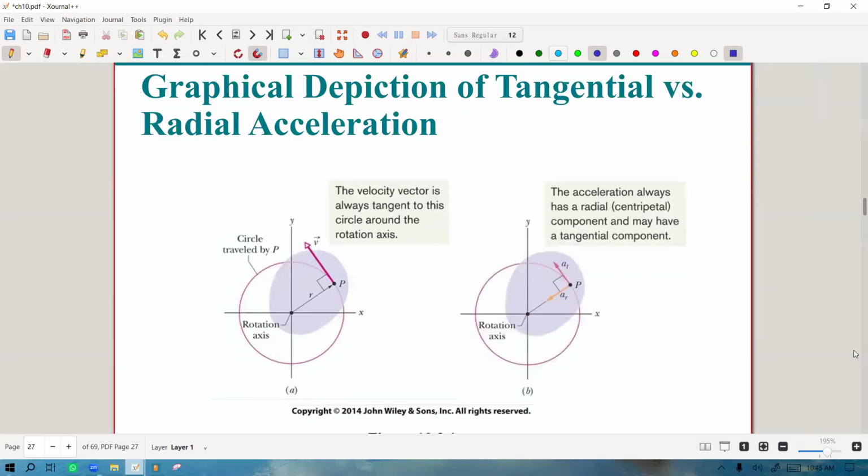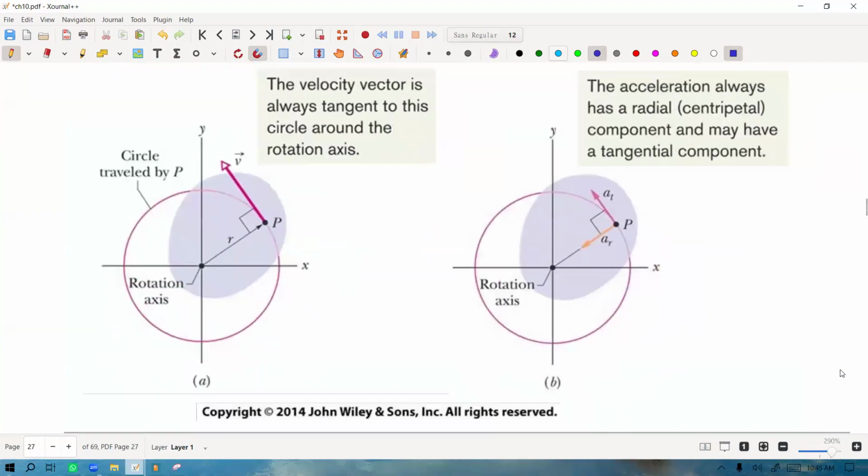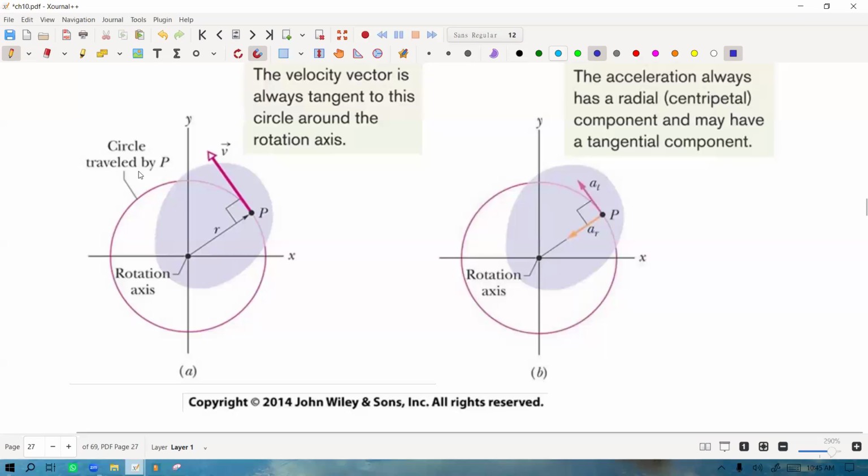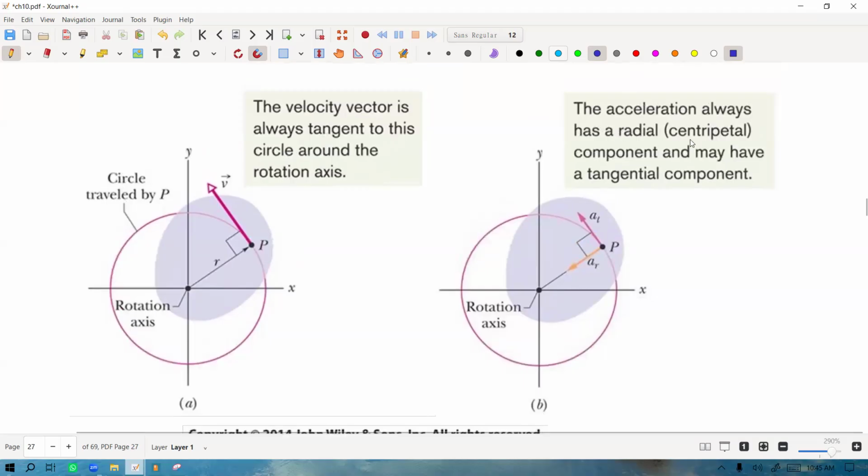So this one is a graphical depiction of tangential versus radial acceleration. Imagine the circle traveled by P. Here the velocity vector v is always tangent to the circle around the rotational axis, and the acceleration always has a radial centripetal component. Radial acceleration, we usually call centripetal acceleration.